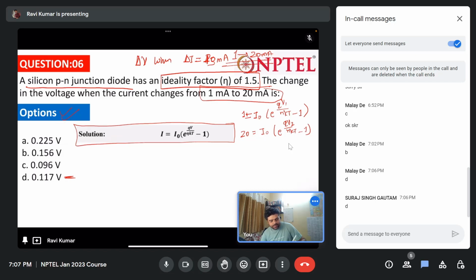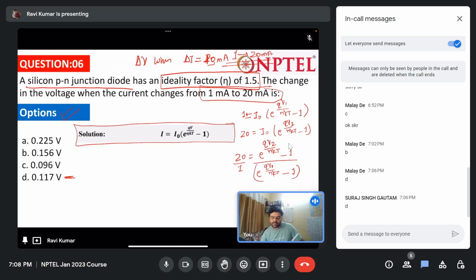Just divide. So 20 equals exponential of Q V2 upon NKT minus 1, divided by 1 and divided by exponential of Q V1 divided by NKT minus 1.